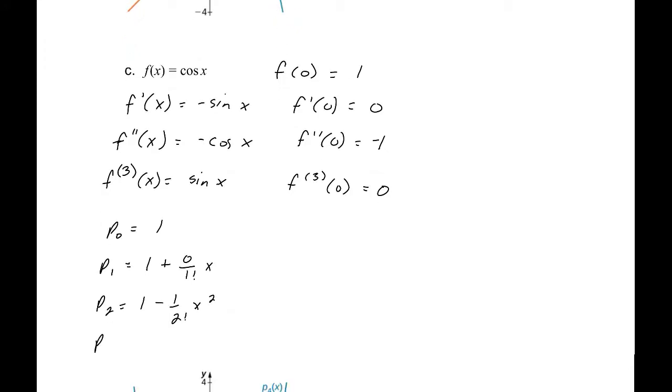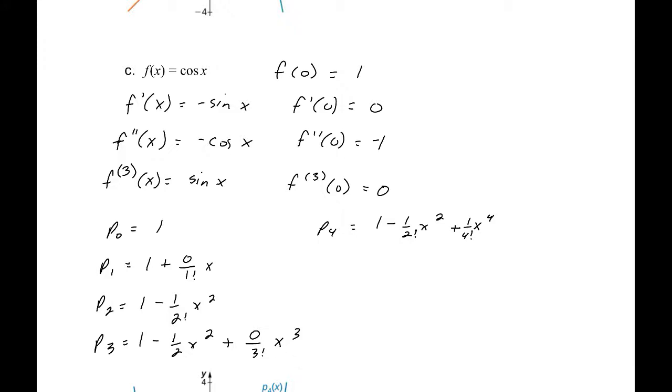The third polynomial, 1 minus 1/2 x squared plus 0 over 3 factorial x cubed. The fourth polynomial, I'll go ahead and go out a few more again. This is going to be 1 minus 1/2 x squared. That would be a positive 1, so plus 1 over 4 factorial x to the 4. Okay, I'll just go ahead and leave the factorial there.